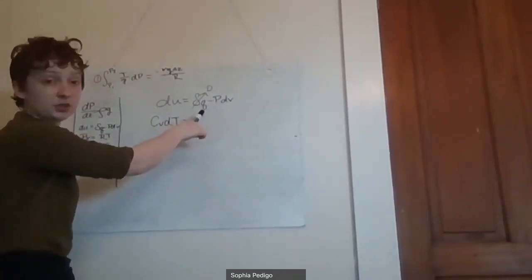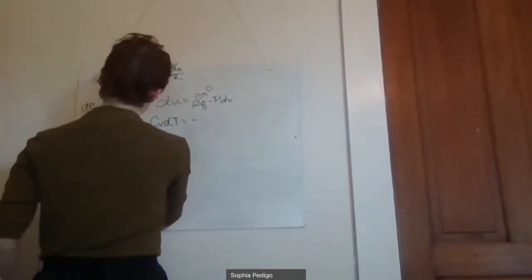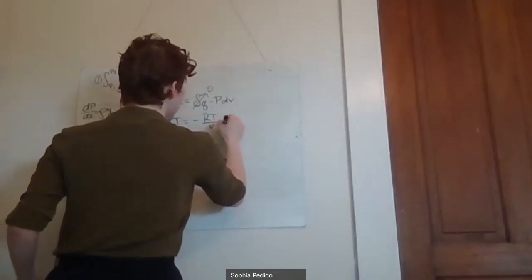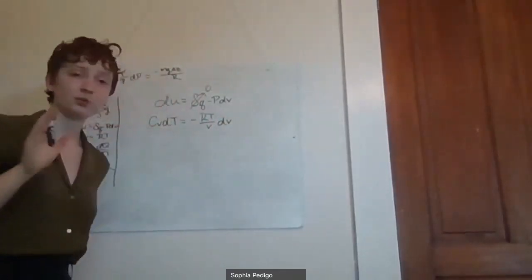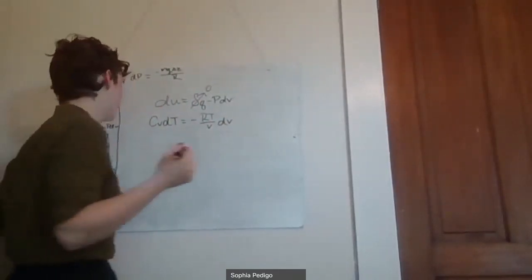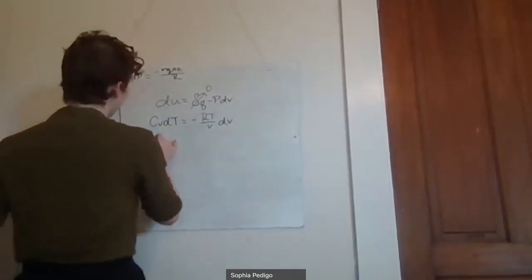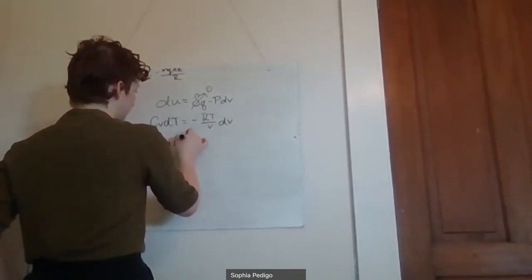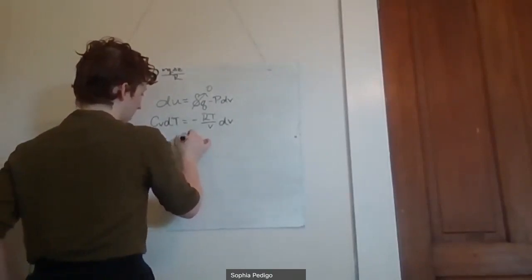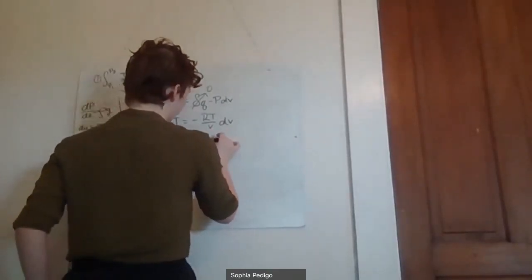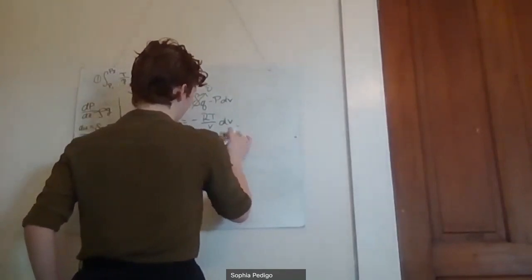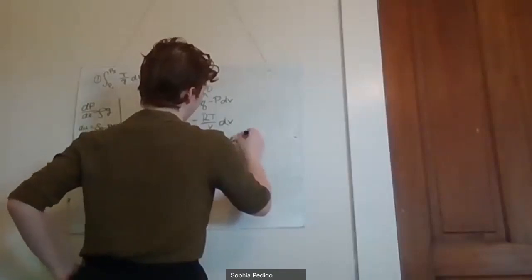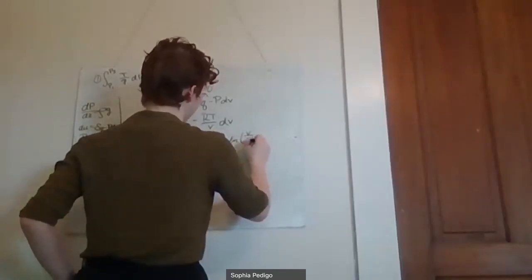We're going to make a substitution for the pressure using the ideal gas law. So that will be negative RT over V dV. We can rearrange this and take the integral of both sides. So when we do that, we're going to end up with CV natural log of T over T1 equal to negative R natural log of V over V1.